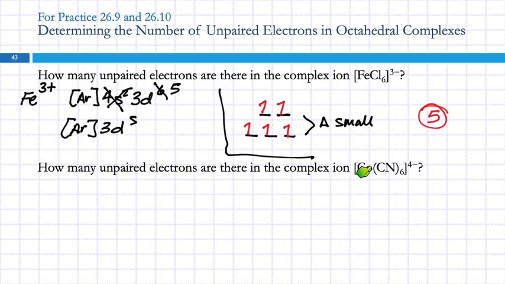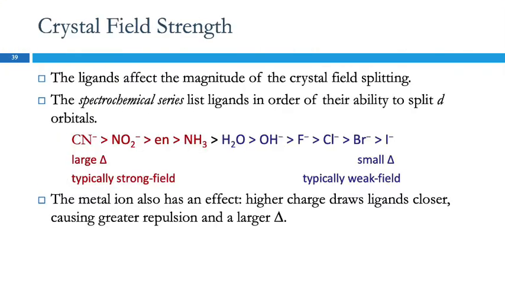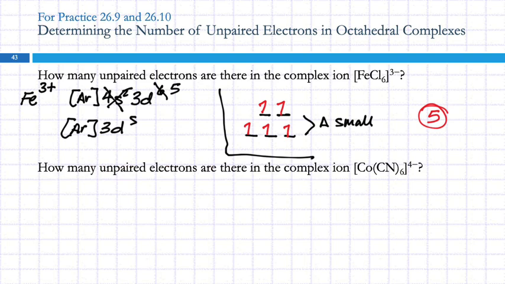Okay, cobalt and cyanide. Cyanide is strong field, down here on the scale. This is energy going up, higher energy. So we've got cobalt, and what's the charge on this cobalt ion? 2 plus. So now we have to look at the electron configuration for cobalt.